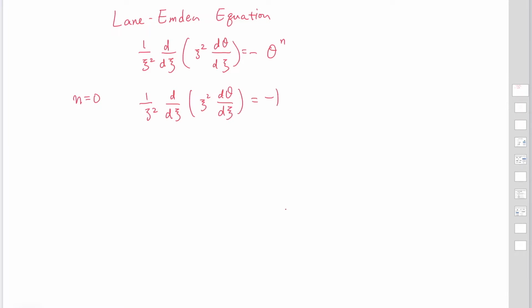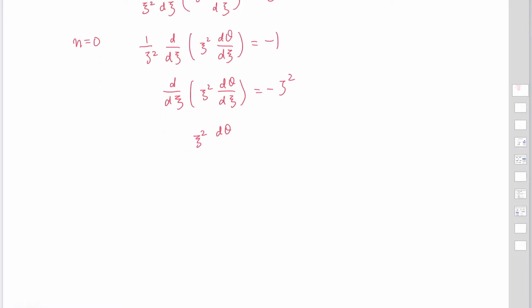So from this equation, this is going to be expressed as d/dξ (ξ² dθ/dξ) = -ξ². You could perform the integral: ξ² dθ/dξ = -1/3 ξ³ + c₁, where c₁ is the integration constant.